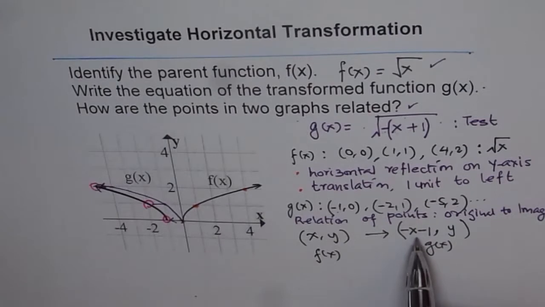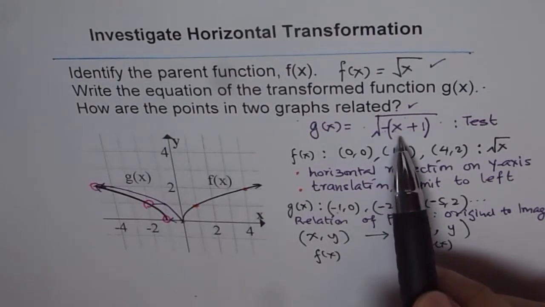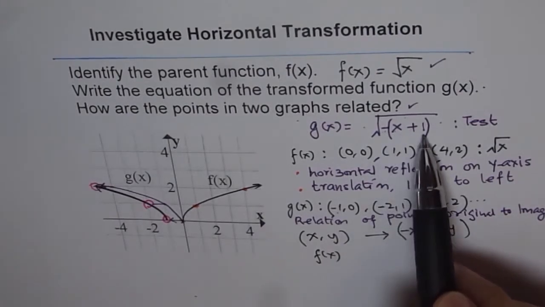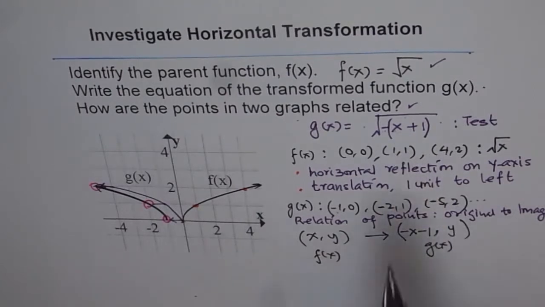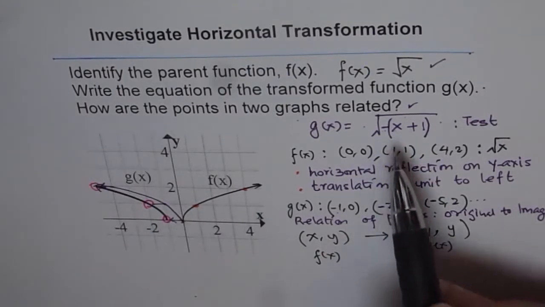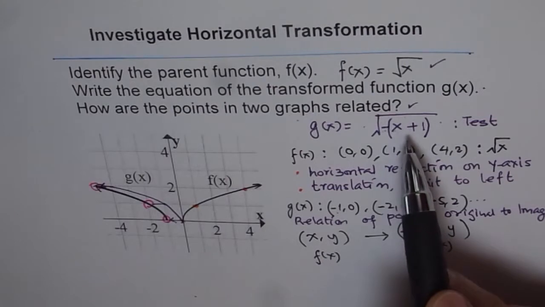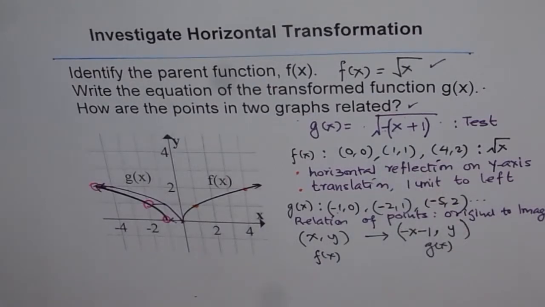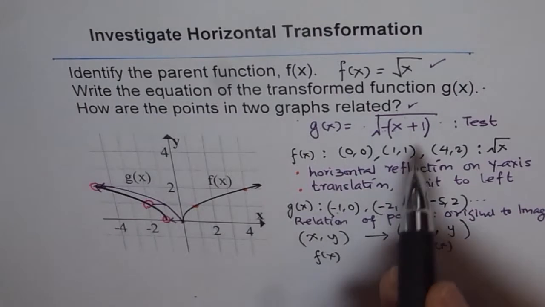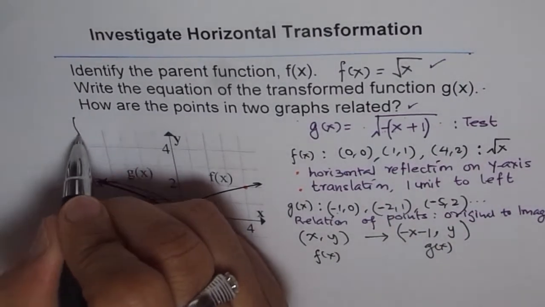This change happens only if you write a function which is kind of like this. Do you understand? So in general, that is how you have to go about to get the answer, right? So I hope it helps you to understand. Now if I have to write a general transform function which could be here, but the values could be different in this fashion, then I could write f of x.